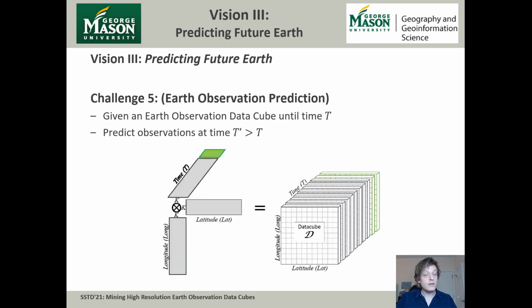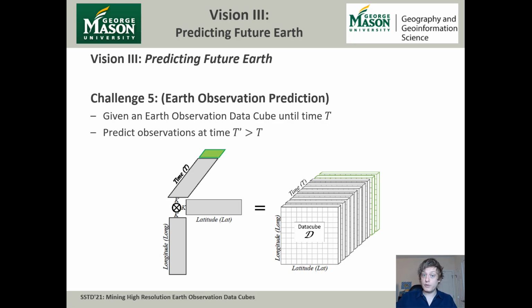And again, using the example of tensor factorization, we can turn our data cube into a factorized representation like we did before, and now we can use this factorized representation to predict the time features at the future times.